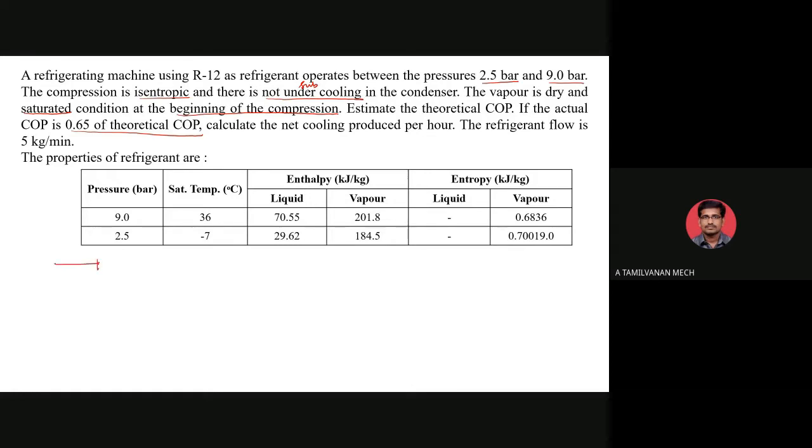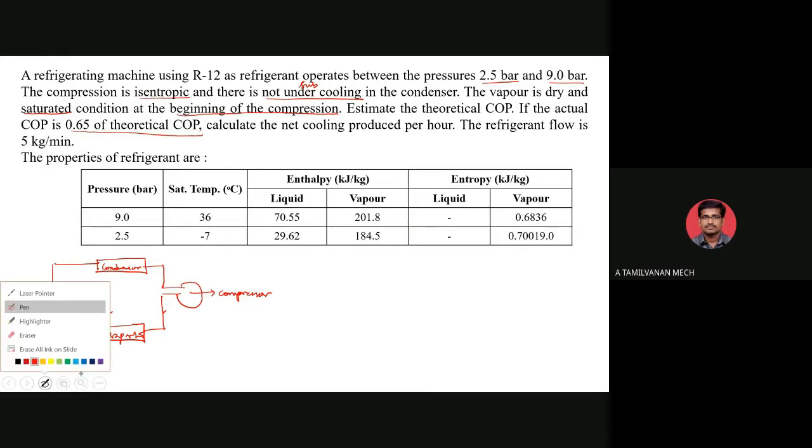This is the condenser, the next one is the compressor, then the evaporator. Then you have the expansion valve. After that, you are going to nominate the respective points.